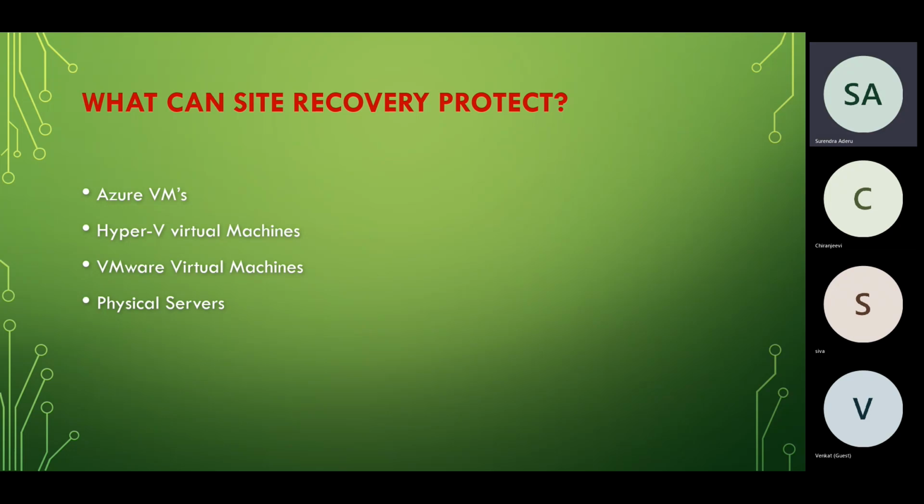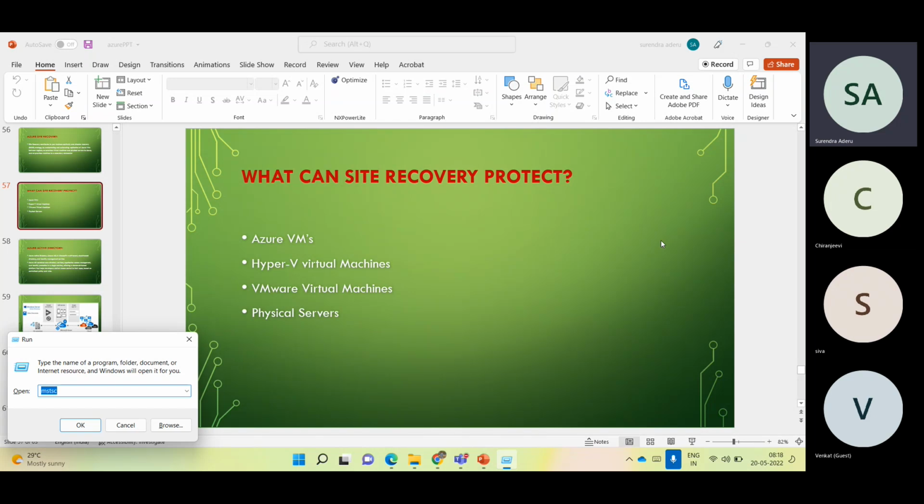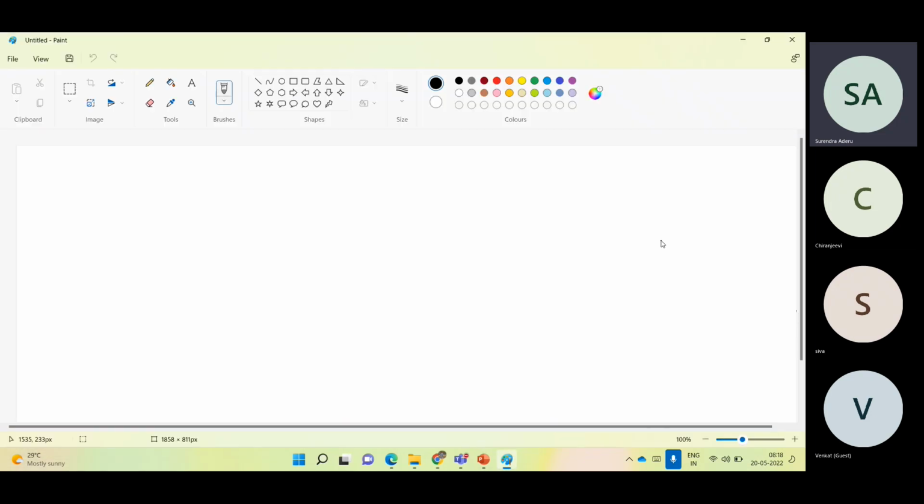As part of our training session, we'll show you the entire flow of Azure Virtual Machine Disaster Recovery and how we can configure it. For that, let me explain in MS Paint, and then we'll go ahead and spin up the resources and configure it.